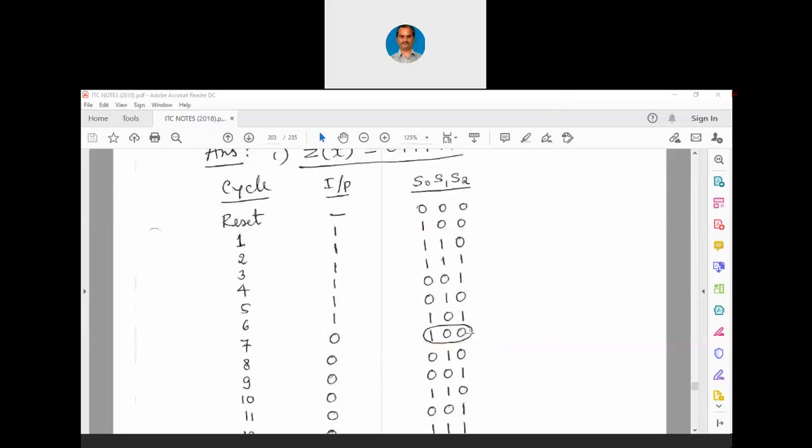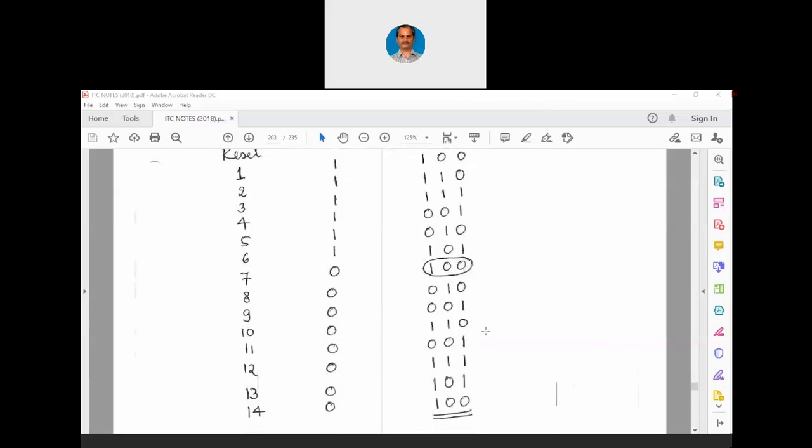Now, this indicates an error. When it indicates an error, we have to proceed further by feeding zeros. Now, you see, when you proceed further with all these zeros, we have this 1 0 0, then we keep on proceeding further. We will have to add another 7 clock pulses, totally 14 clock pulses, and we get this syndrome vector again here.